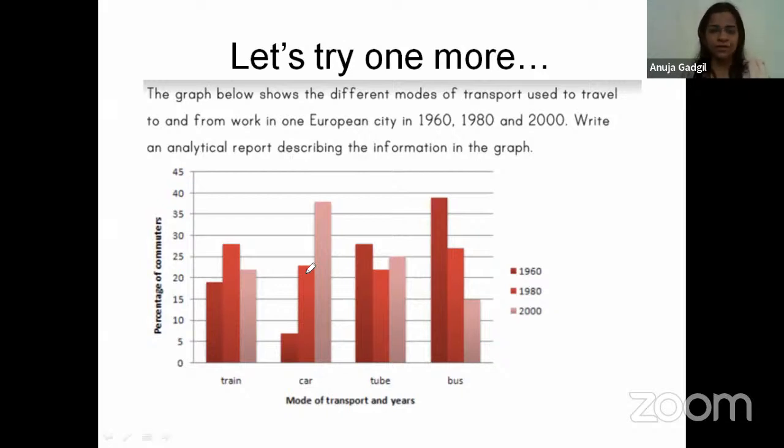It generally shows progress in the modern modes of transport, such as car and bus. You will talk about generalized outcomes. This will be your conclusion. Fine. This is how you're going to write it.